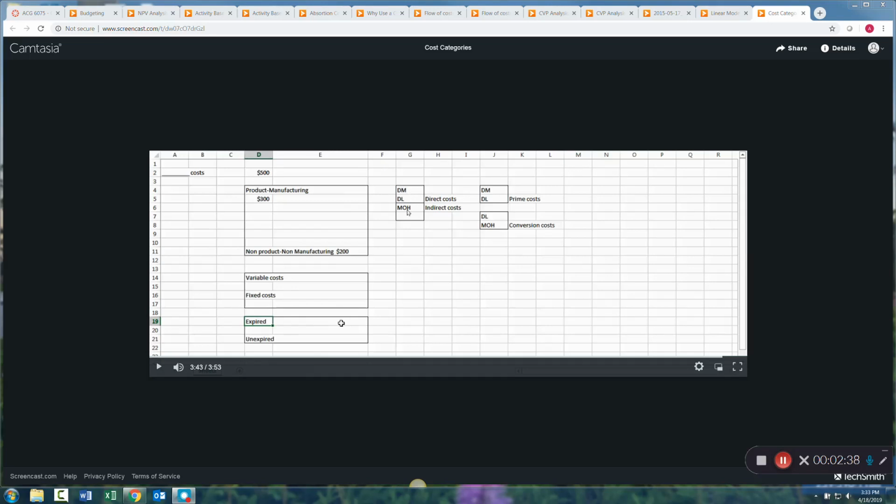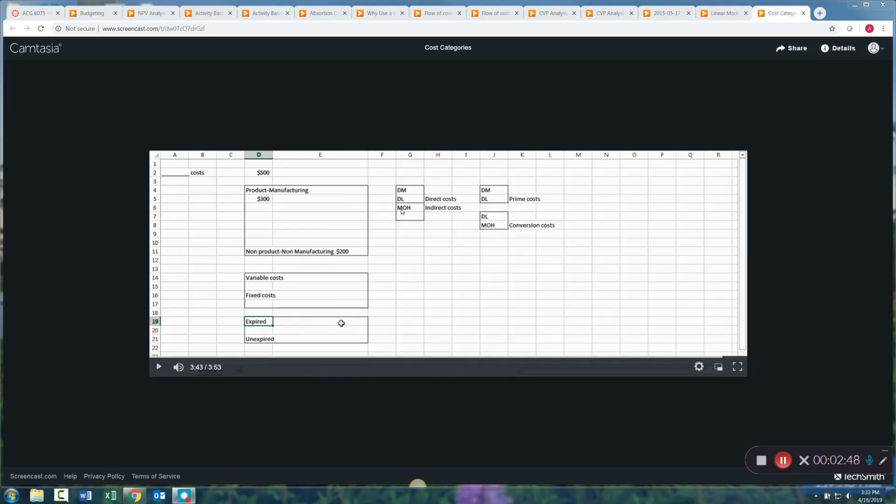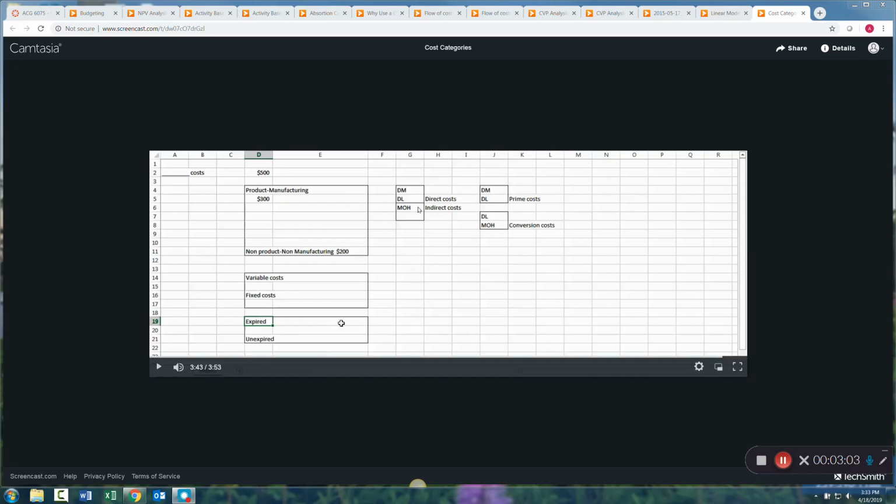And one of the toughest things in terms of costing, the idea of putting a cost to either a product or a service that we provide, is figuring out how to attach the other costs that are not direct materials and direct labor, call those the manufacturing overhead, to the product or service itself. And if you were thinking ahead here, you're thinking we used cost drivers and we used different application methods to be able to do that.